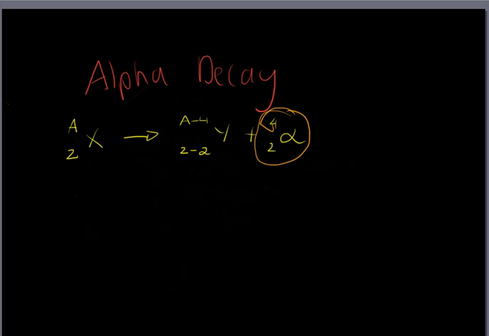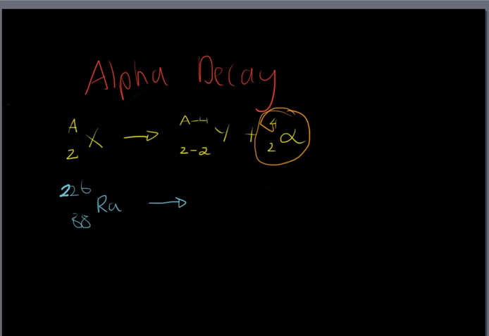Okay, so just to put it into a little bit of context, say we have 226 88 radium undergoes alpha decay.